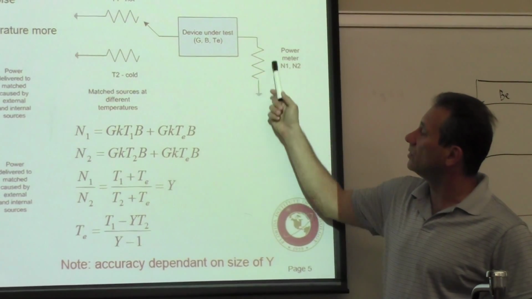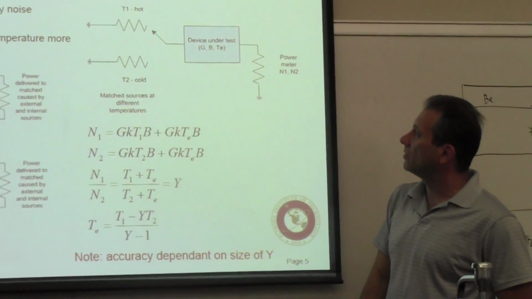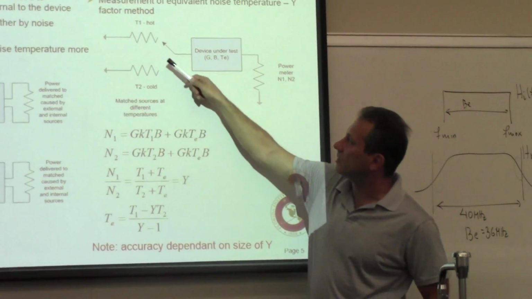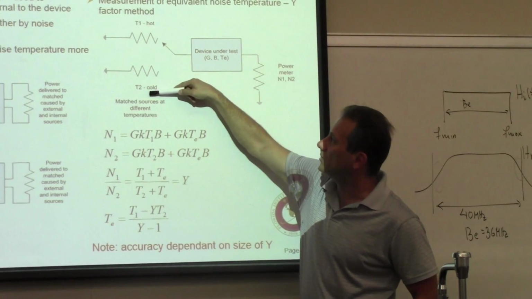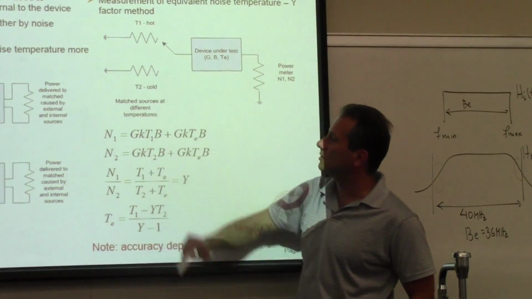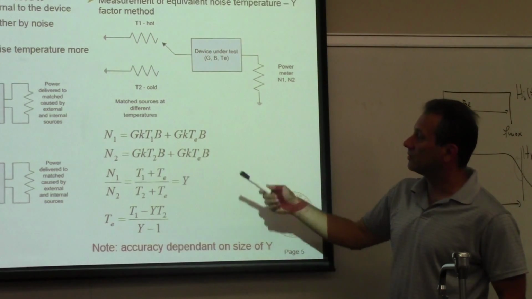You hook up the output of the device to a matched power meter, and then you have two sources, one that you cool down as cold as you can get, and the other one that is relatively hot. And then you start writing equations.